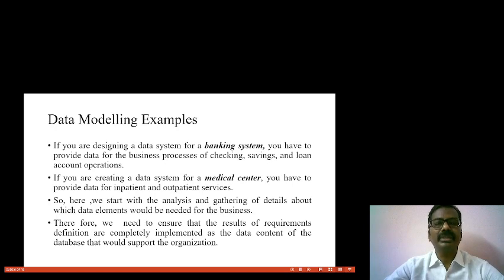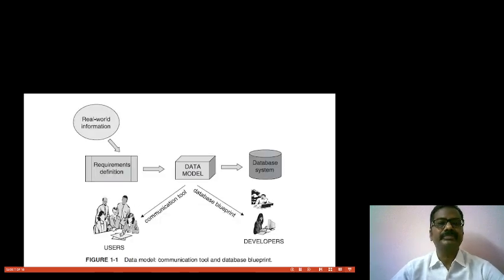For the hospital system, what kind of patients are expected, what kind of diseases the patients are suffering from, and what kind of services they expect. All these requirements need to be gathered.